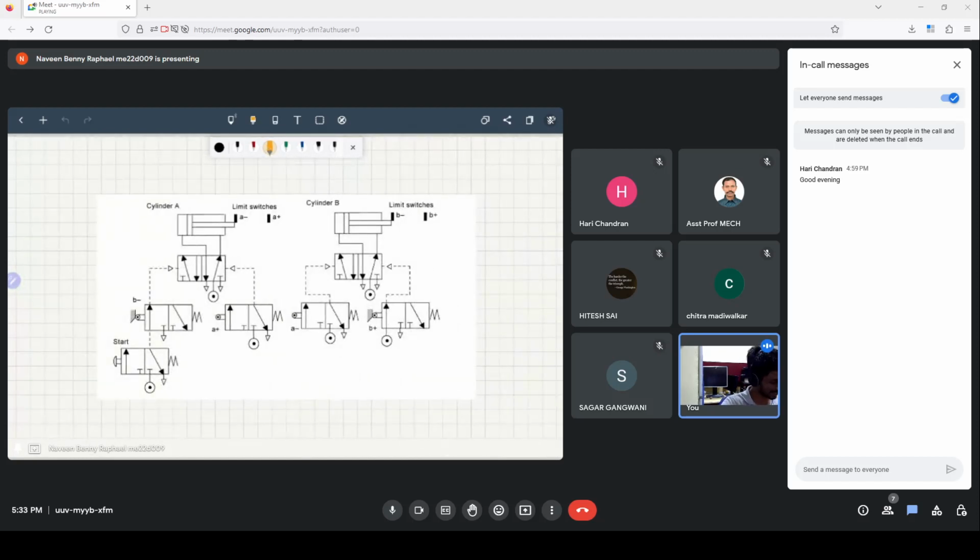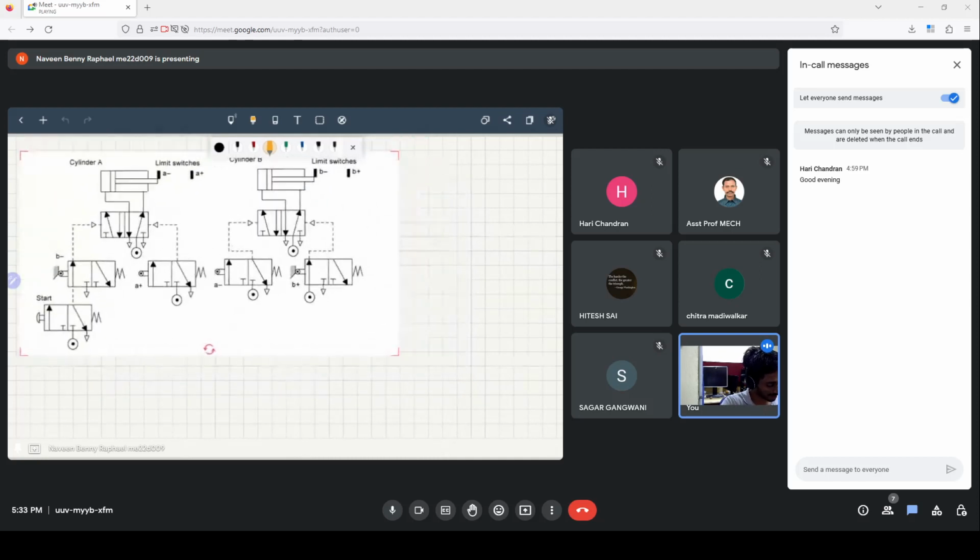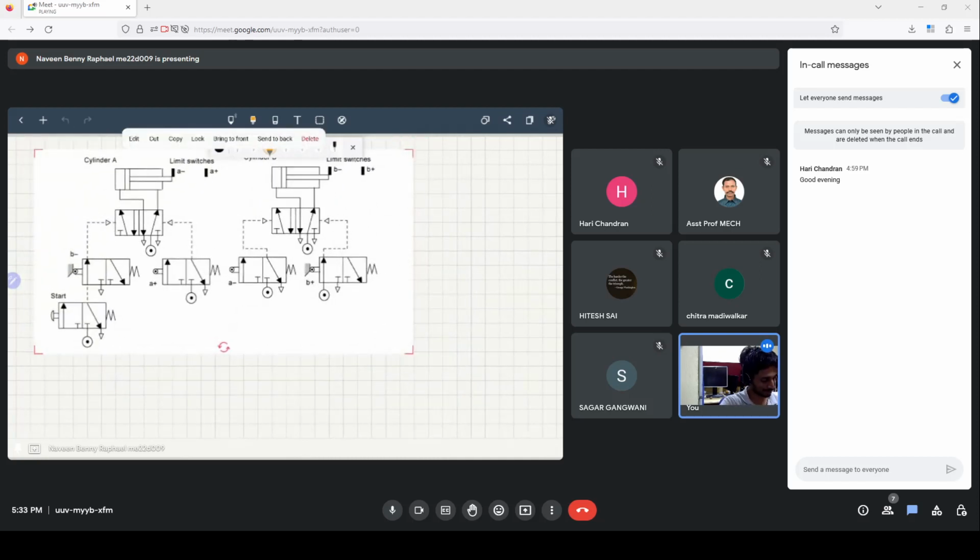So the question here is, what's going to happen after you press start? Essentially, after you press this push button, maybe cylinder A will extend, or maybe cylinder B will extend, and after that maybe cylinder B will descend first, and then A will descend.